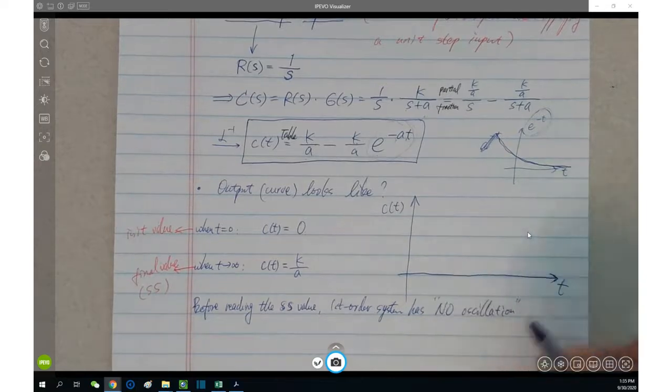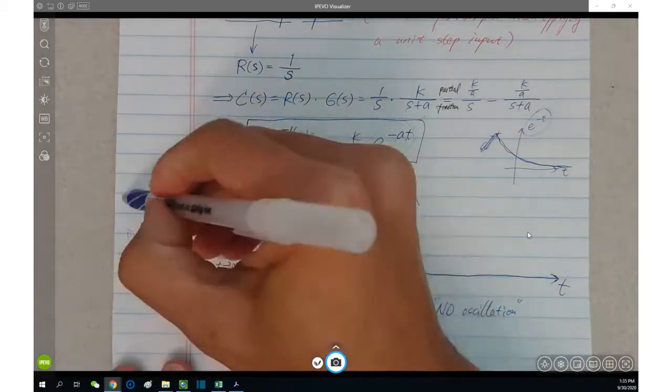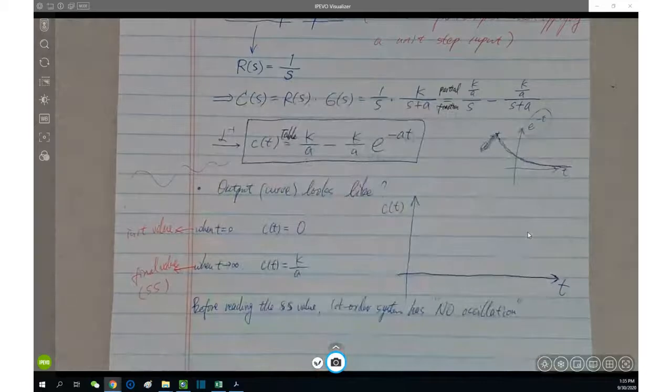Okay, and this is one of the characteristics of a first order system. There's no oscillation. What does it mean by oscillation? Oscillation means this oscillation. A first order system doesn't have it.